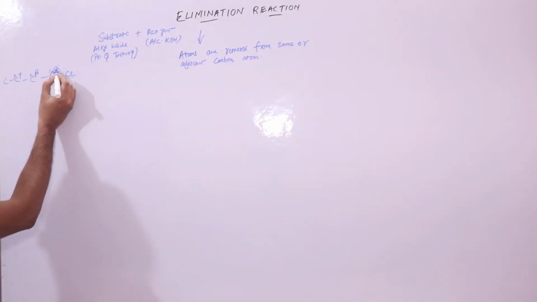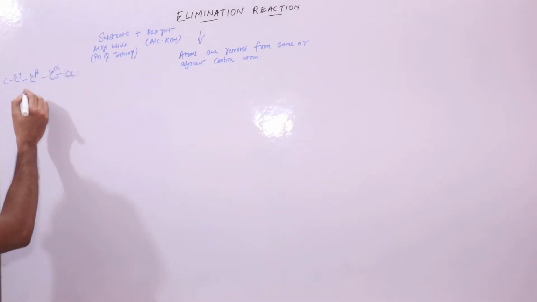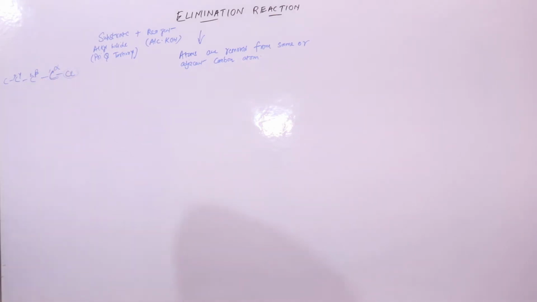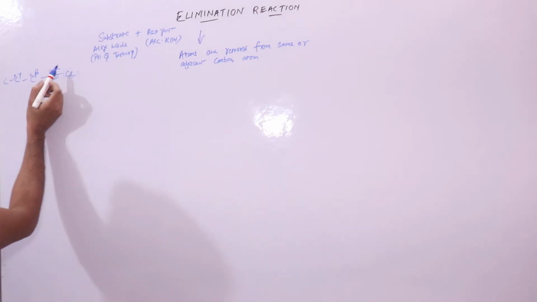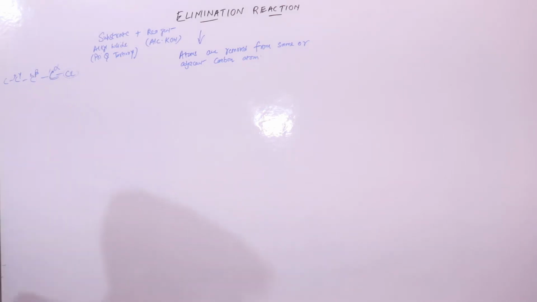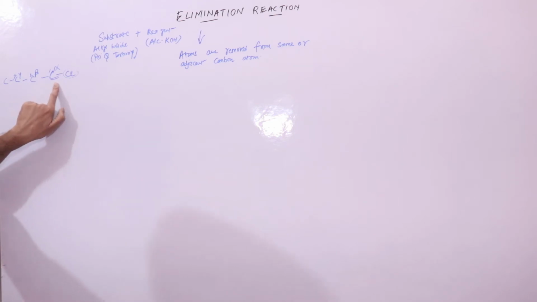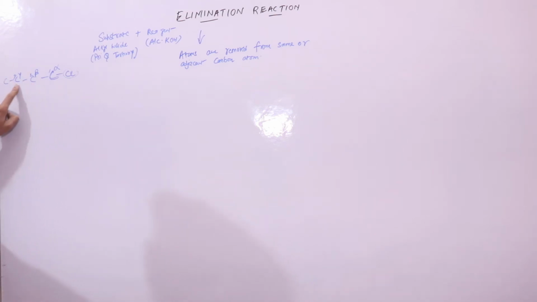When atoms are removed from the alpha carbon atom only, this is known as alpha elimination or 1,1 elimination. When atoms are removed from alpha and beta carbon atoms, it is beta elimination or 1,2 elimination. And when atoms are removed from the alpha carbon atom and the gamma carbon atom, this is gamma elimination or 1,3 elimination. Just remember this.